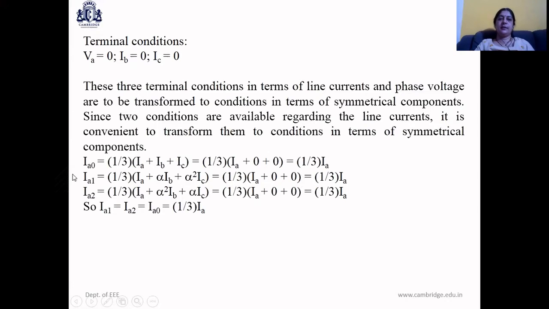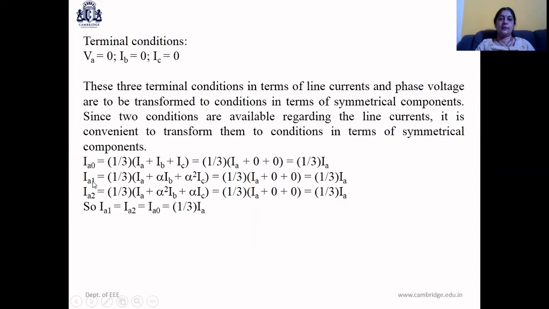We know that the current IA0, the zero sequence component of the line current, will be equal to 1 by 3 times of IA plus IB plus IC. IB and IC values are known, which are given as 0 and 0 from the terminal conditions. Therefore, IA0 is equal to 1 by 3 times of IA.